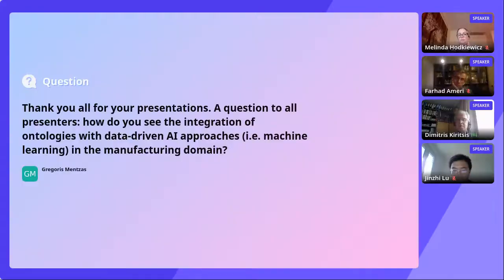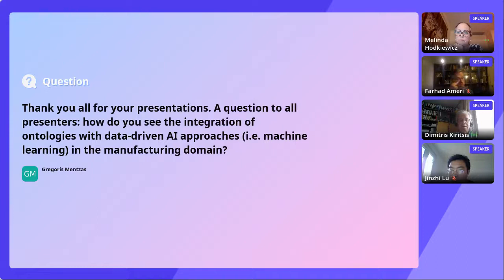How do we see the integration of ontologies with data-driven artificial intelligence approaches, for example machine learning, in the manufacturing domain? Yes, you see, we have a lot of data. In maintenance, we have big data. In supply chain, we have big data, and there is a community which is now called AI.